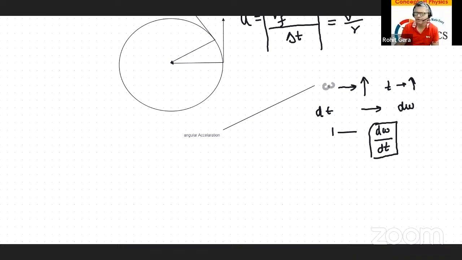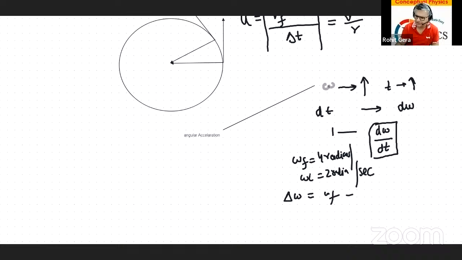So you were earlier moving with angular velocity of 2 radians per second. Now your new velocity becomes 4 radians per second. So the change in your velocity is omega final minus omega initial is equal to 4 minus 2 is equal to 2 radians per second.